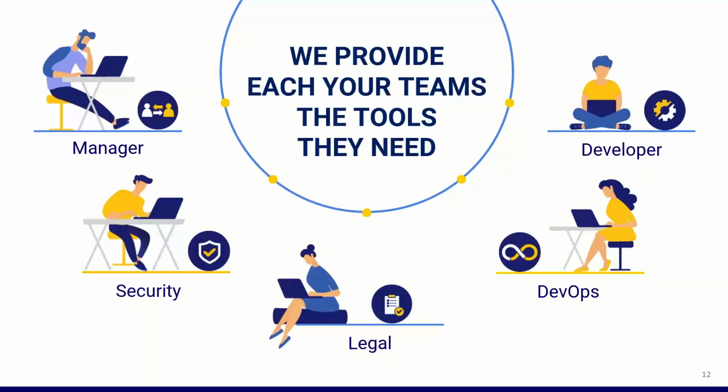So we give both the managers and the security teams this visibility. They can run reports, they can get notifications every time the build fails due to security issues. And same goes for legal and DevOps.